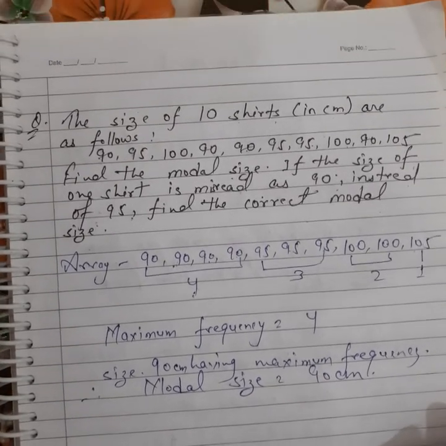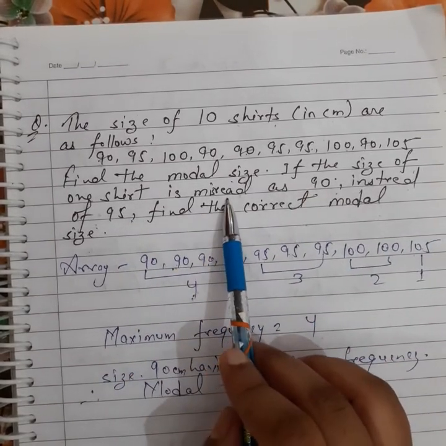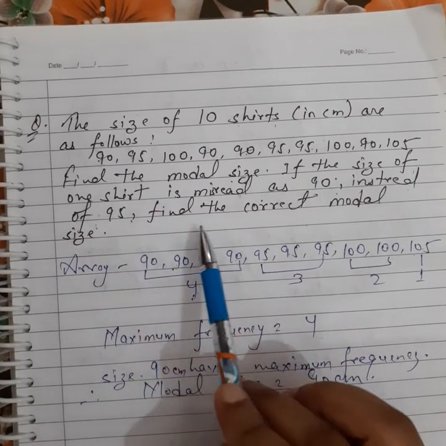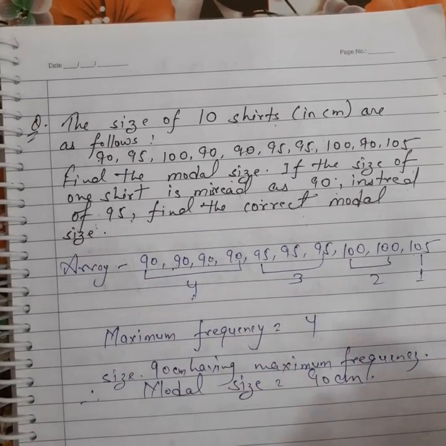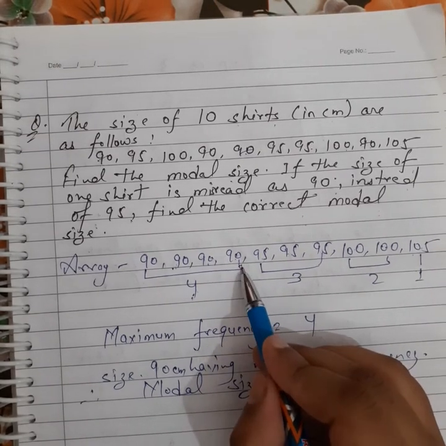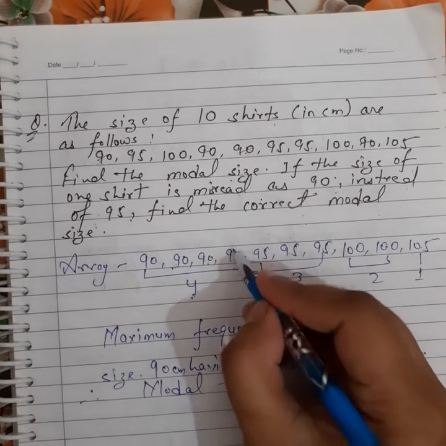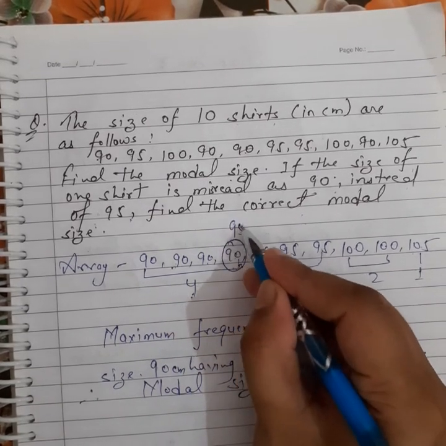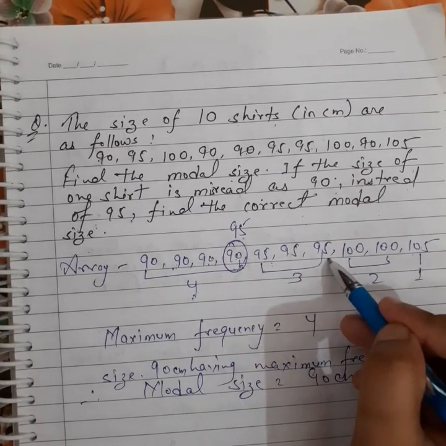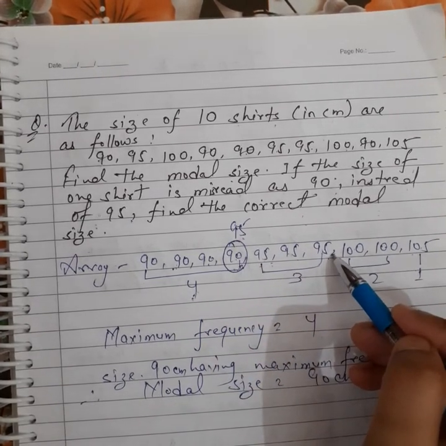Now what we have to do? If the size of one shoe is misread as 90 instead of 95, find the correct modal size. Now one size is misread as 90 instead of 95. If this is 95, what is the modal size now? 95, because now 95 has maximum frequency.